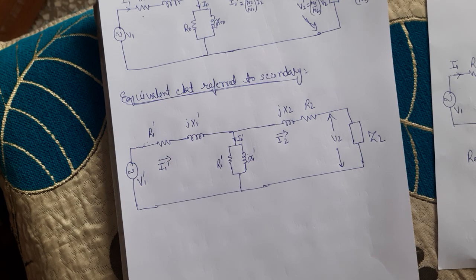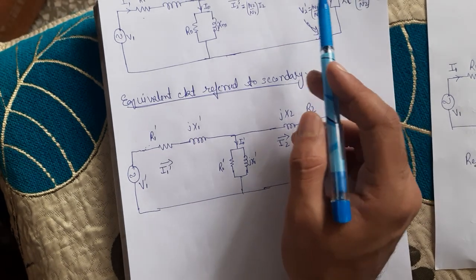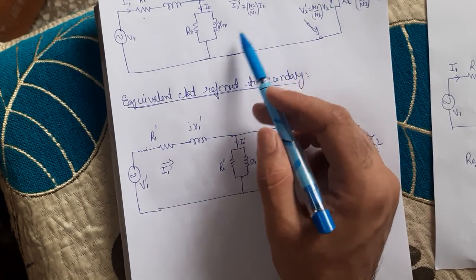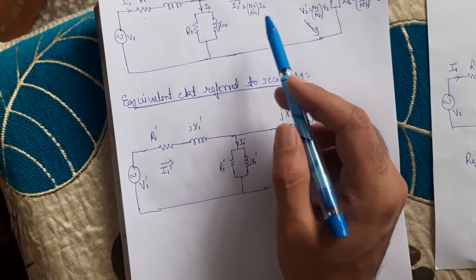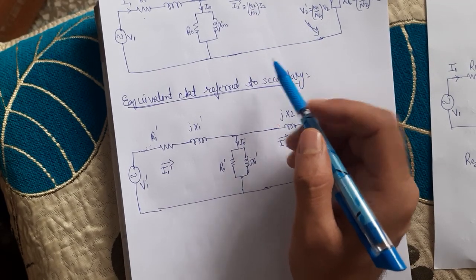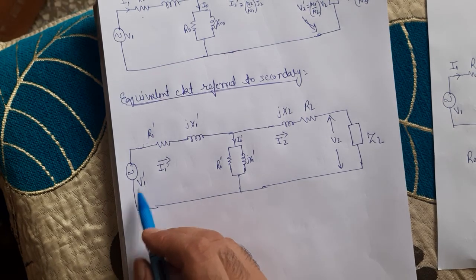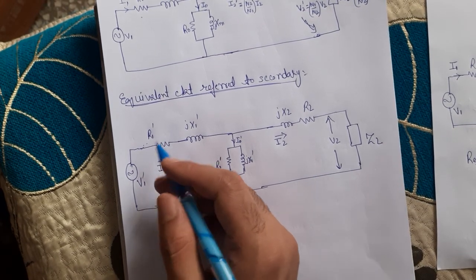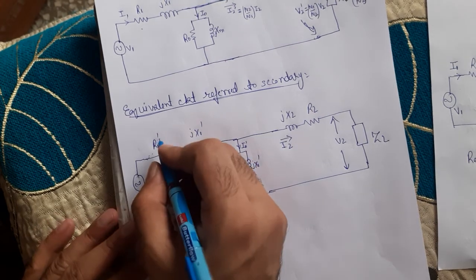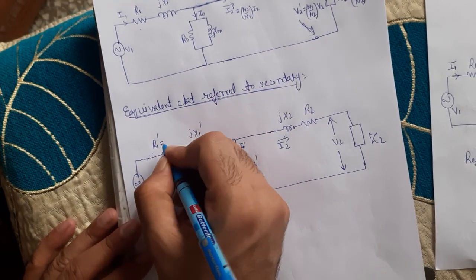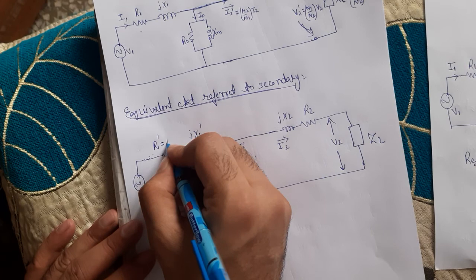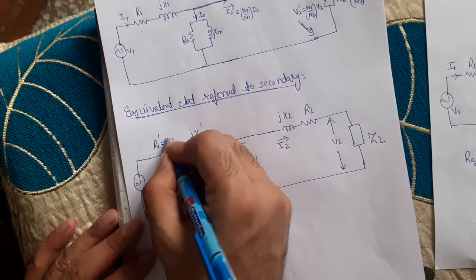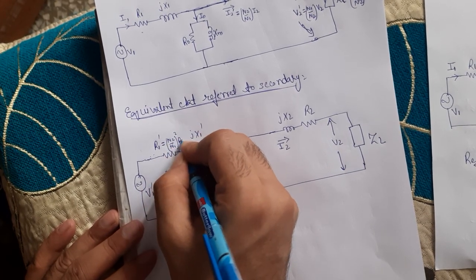Remember, when we were referring the secondary on the primary side, for resistance, impedance and reactance it was (N1 by N2) square. However, now if we are referring primary on the secondary, the primary quantities will be multiplied by (N2 by N1) whole square. So R1 dash will be nothing but (N2 by N1) whole square R1.